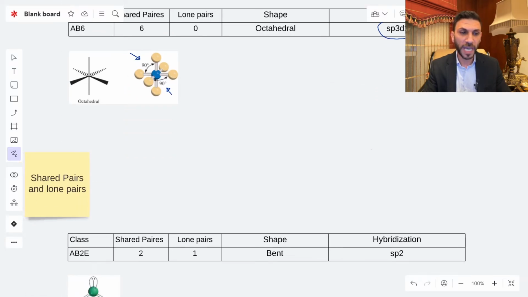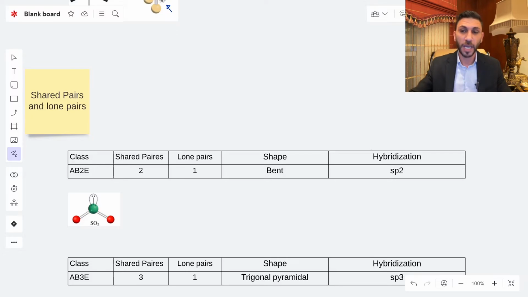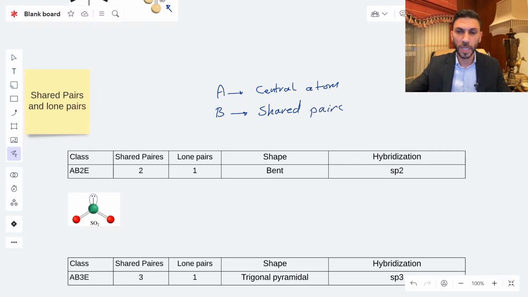Now, what if we have shared pairs but also lone pairs? We gave the letter A for the central atom, and B for the shared pairs, now we're going to give E for the lone pairs.